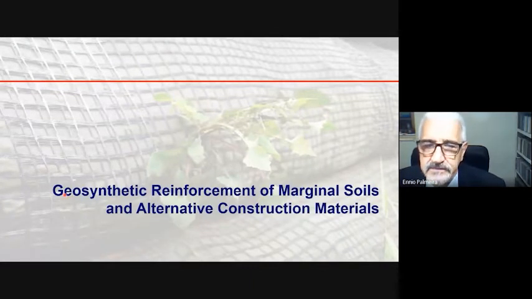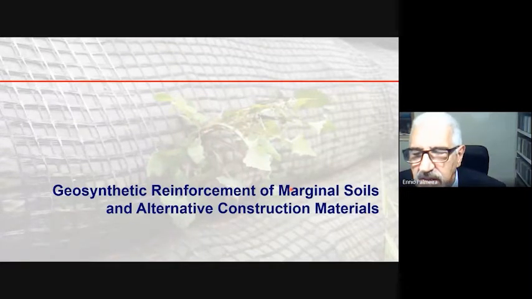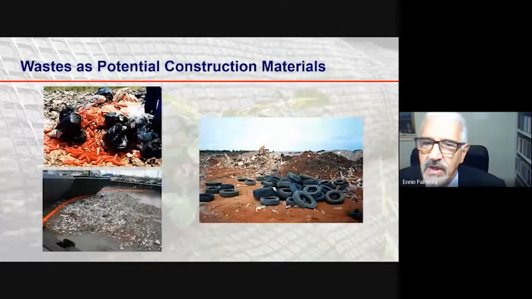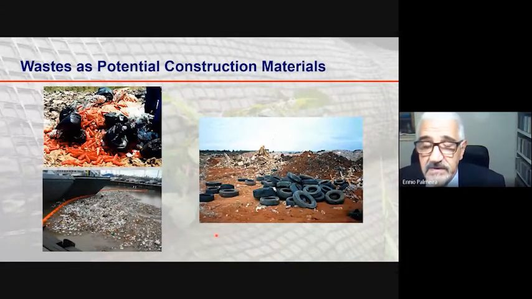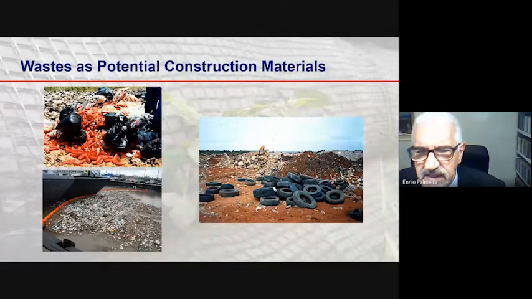So let's see now the combination of geosynthetic reinforcement with some marginal soils, that will not be used on a routine basis, and also the combination of geosynthetic reinforcement with some alternative construction materials. Which type of alternative construction material can we consider? We can consider, for instance, the use of geosynthetics with PET bottles or wasted tires that can cause severe environmental impacts if they are disposed of in the wrong way.